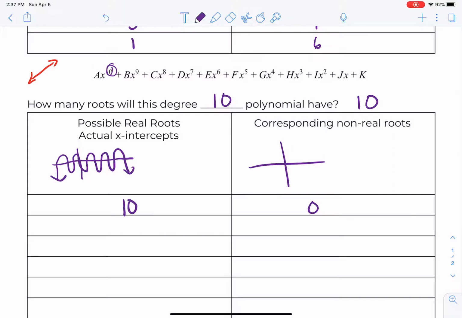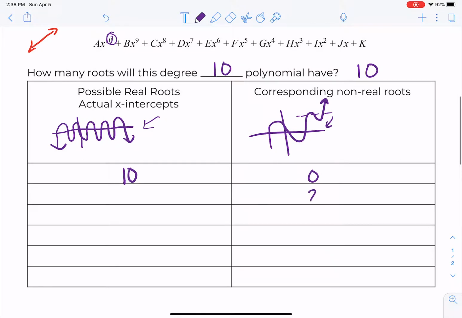Notice there aren't any hills or valleys that are off of the x-axis. And again, what I mean by that is if we were to do this type of thing, then we would have these things that weren't counted down here on the x-axis because they're not real roots. So nothing like that is happening over here, so we would have 10 real. Then again, these have to come in pairs, so we know these are going to go up by 2s: 2, 4, 6, 8, all the way up to 10.